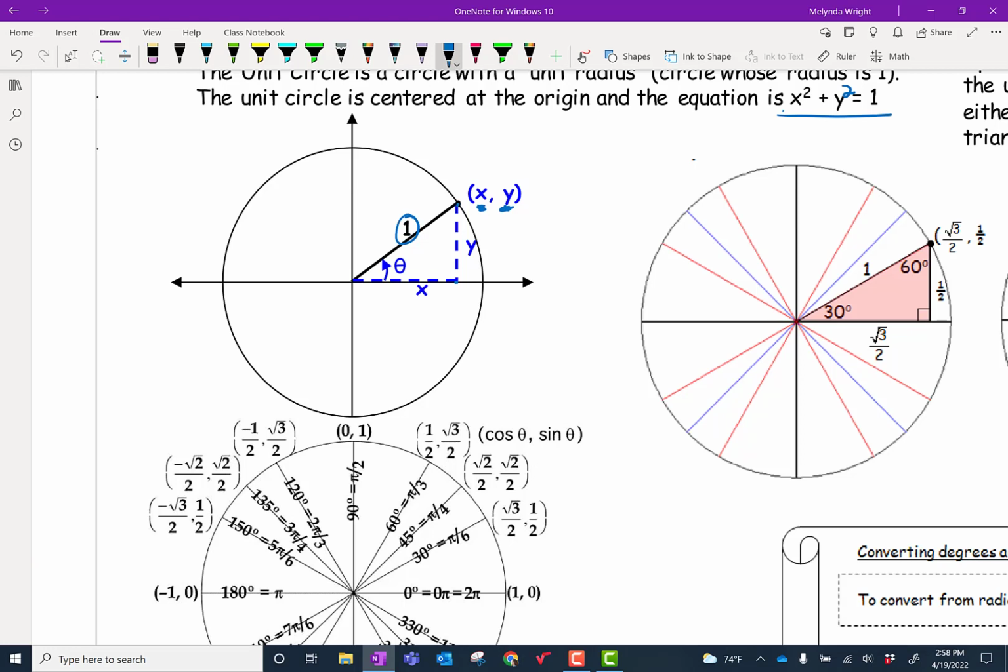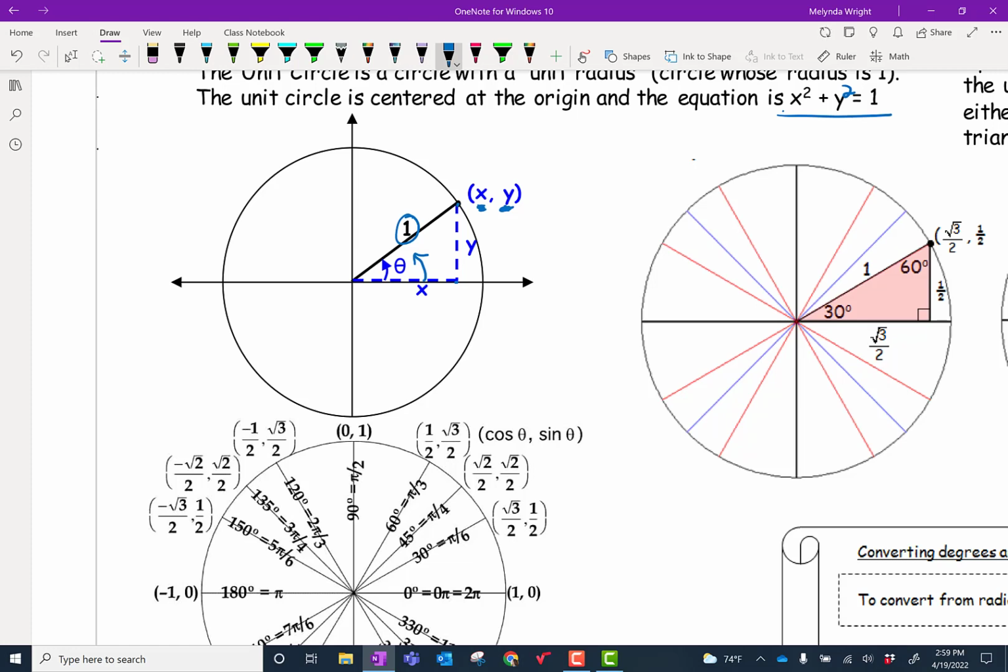The angle measure is measured from the x-axis. You can see this arrow, and we rotate the positive way. If we have a positive angle, we're going to rotate counterclockwise, so our theta would be measured from the x-axis rotating counterclockwise if we're positive.